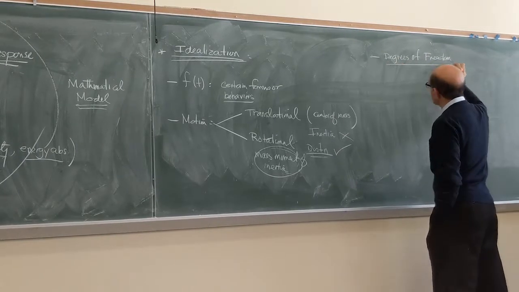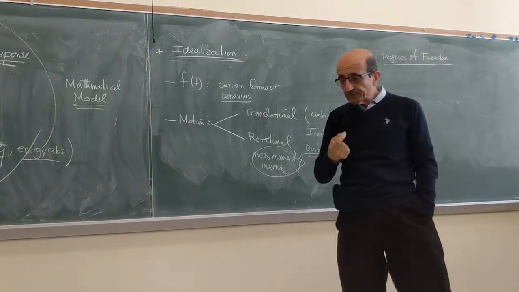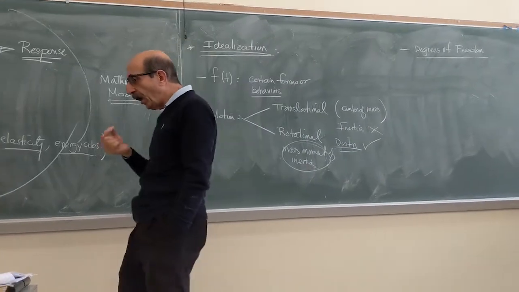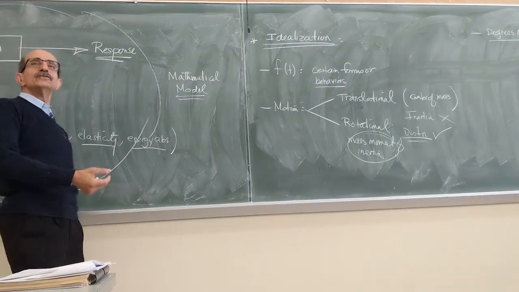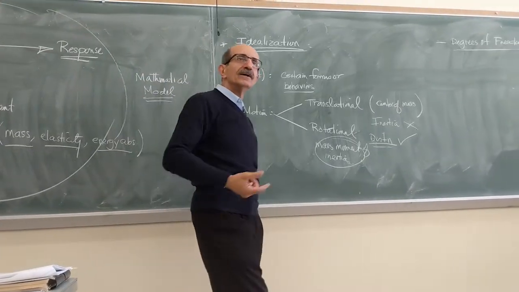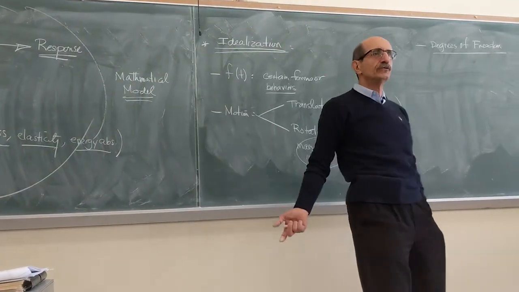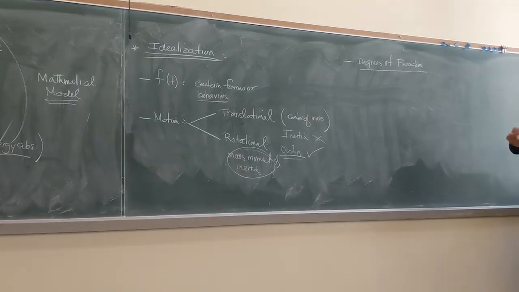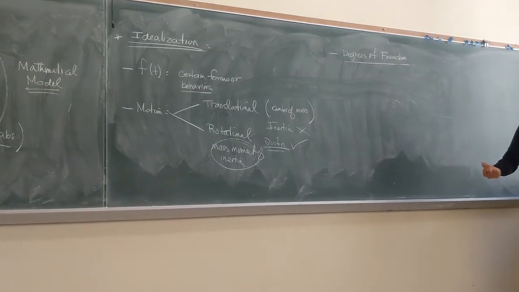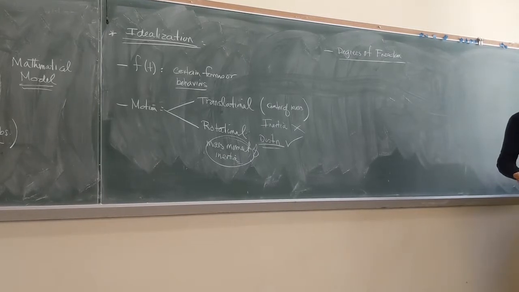What is a degree of freedom? A degree of freedom describes how every single mass element or molecule in a structure moves. When a structure moves, how every single point that has a mass in that structure moves. Complicated, right?